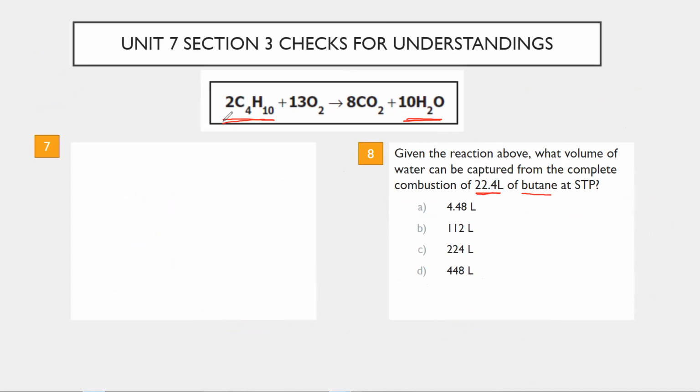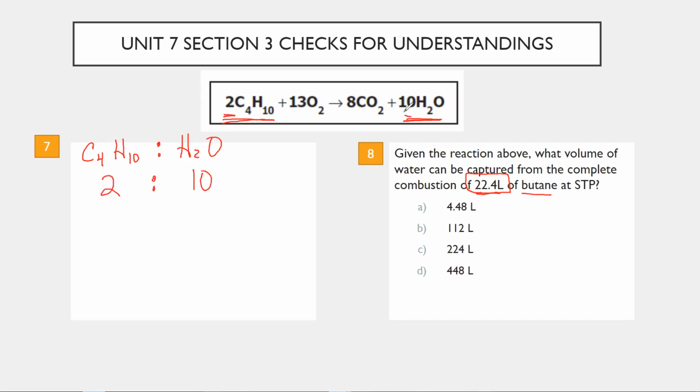All right. Well, luckily, they made this a little easier on us. 22.4 liters, we know that's 1 mole. 1 mole of any gas is 22.4 liters. So let's compare our ratios. We have 2 for our C4H10 compared to our H2O. There is a 2 to 10.